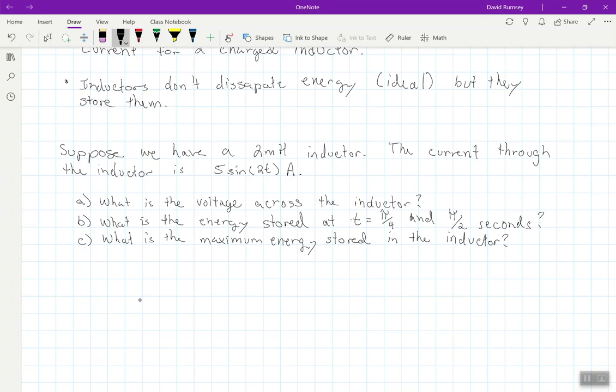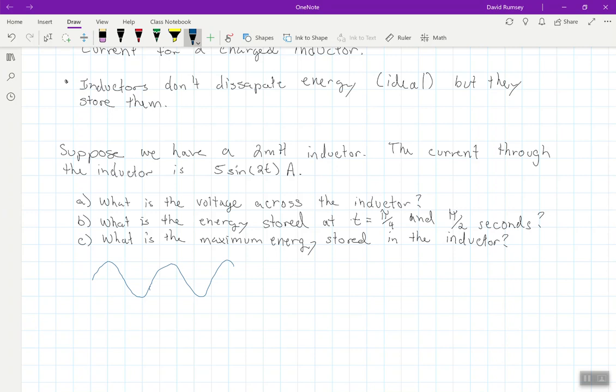Now, before we even look at this, when it says what is the maximum energy stored in the inductor, the reason we're asking that is because remember what a sine wave looks like. It goes up and goes down. And so the current through the inductor is constantly changing.